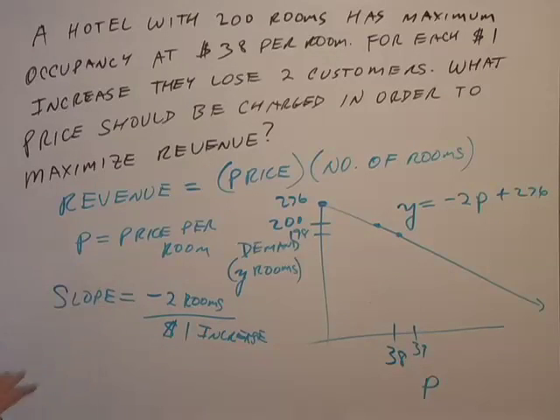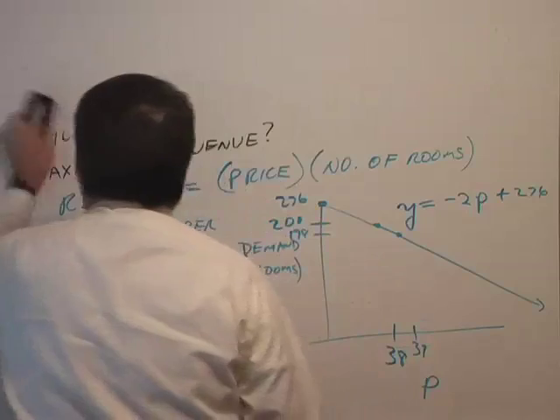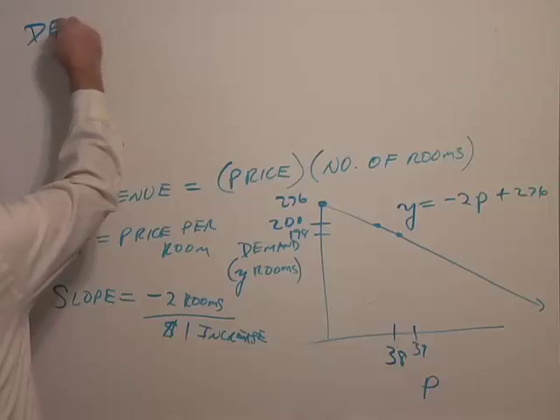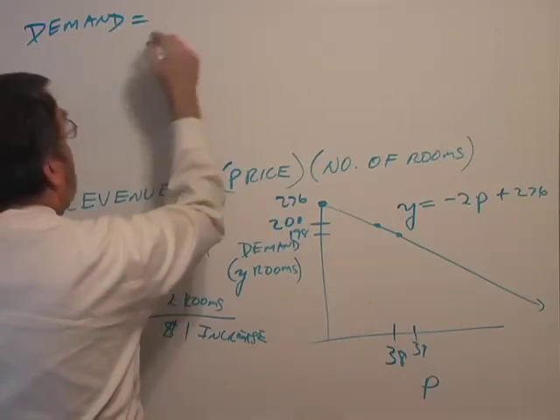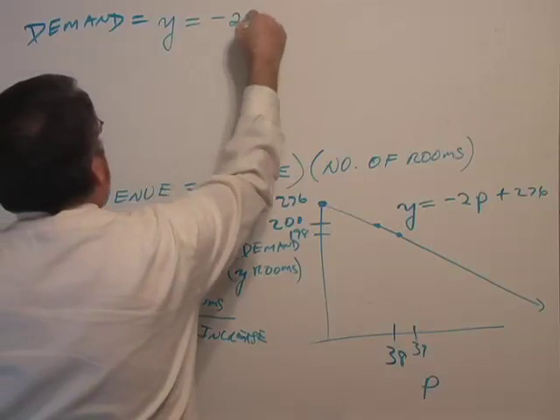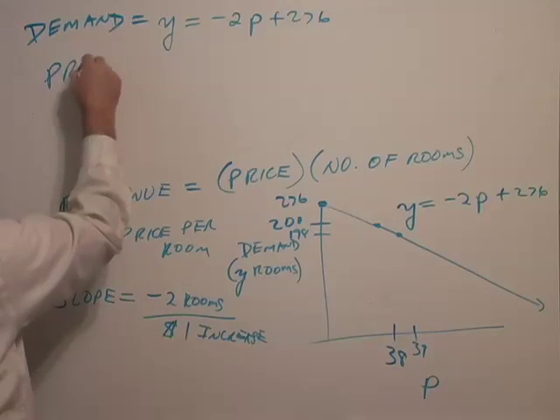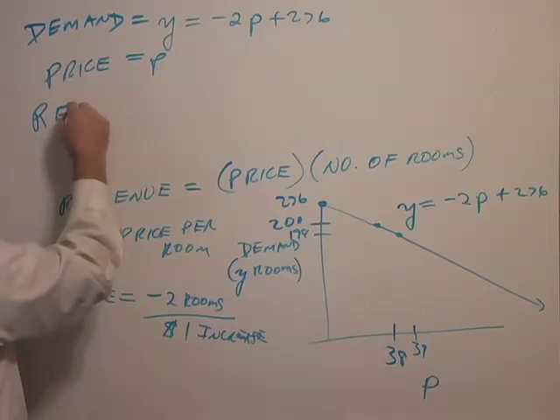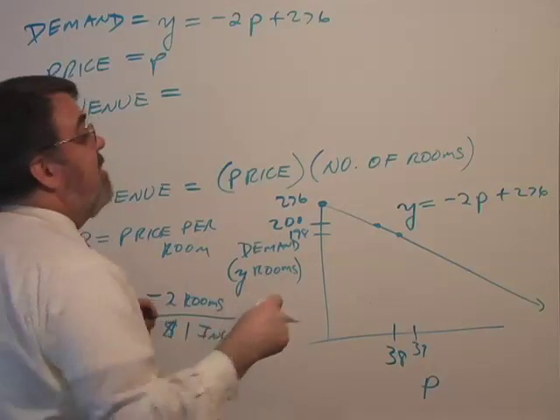Now I'm going to do a little erasing here so I can make some room and finish this problem. Alright, I'm going to write the demand up here. The demand is y, or minus 2p plus 276. And of course price, we said, was letter P. Revenue is price times demand, or number of rooms.